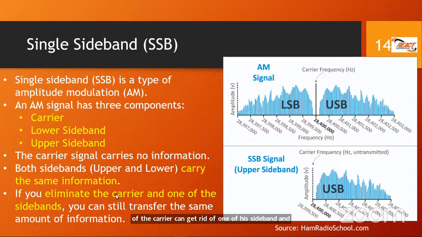If you eliminate the carrier and, say, the lower sideband, you can still transfer the same amount of information, which is what we have done here. We got rid of the carrier, we got rid of the lower sideband and we end up with only the upper sideband. And we have all of the information that we need. A very efficient mode in amateur radio in particular.